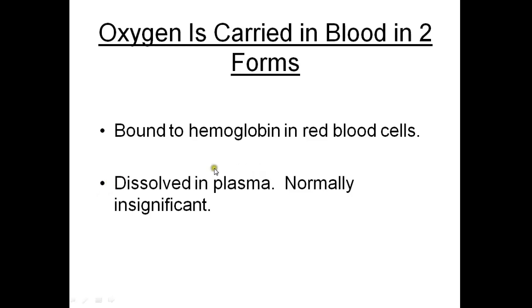So a very small amount of oxygen is present in the dissolved form in the plasma. Mainly, it is carried in the blood in combination with hemoglobin as the compound oxyhemoglobin.